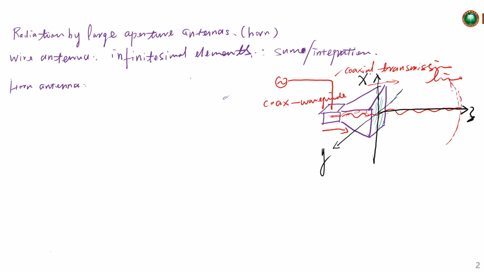Because this is the Cartesian coordinate system with respect to the aperture, we use xa, ya, and za.